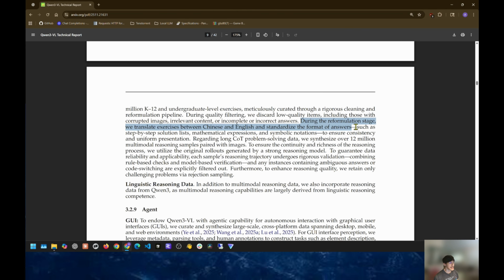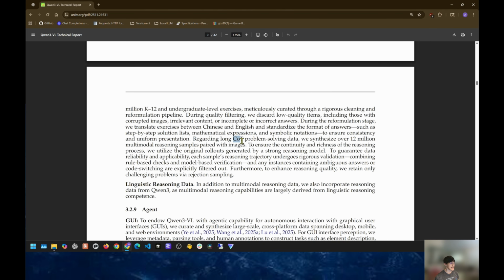During the reformulation stage, we translate exercises between Chinese and English and standardize the format of answers such as step-by-step solution lists, mathematical expressions, and symbolic notations to ensure consistency and uniform presentation.